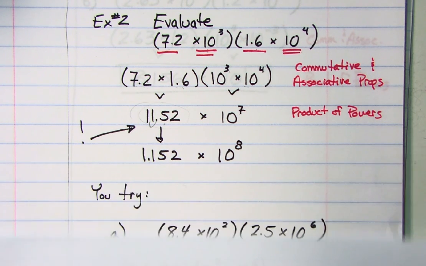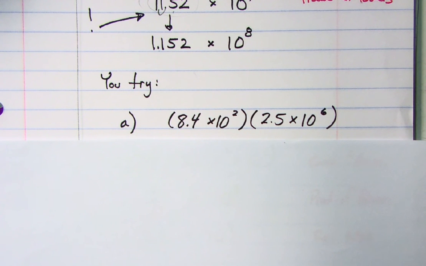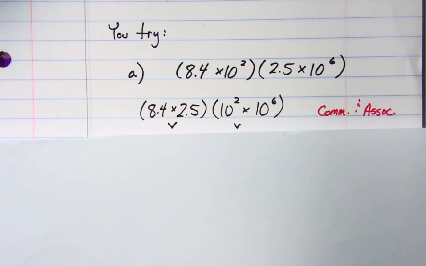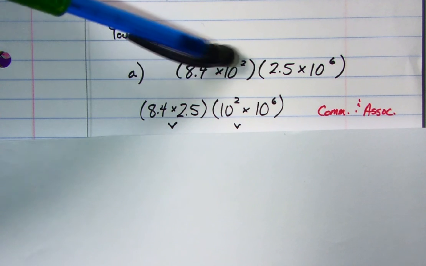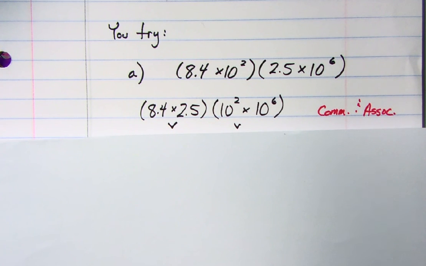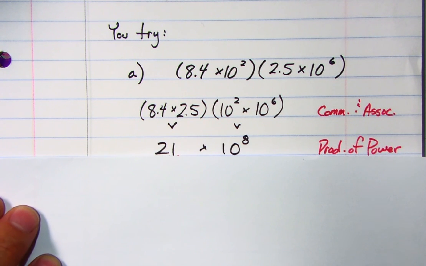Okay, you try this problem. Rewrite them using the commutative property. Use the product of powers, and then make sure that it's in scientific notation. First step should look like that. Notice I multiplied the factors together, and then I put the powers together using the commutative and associative property. Next, I multiplied.